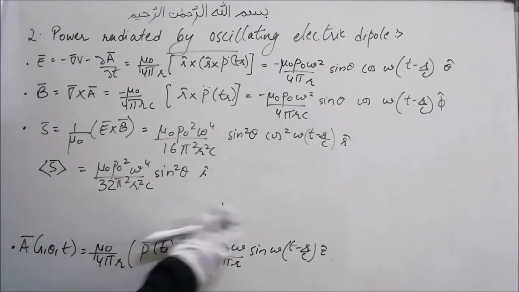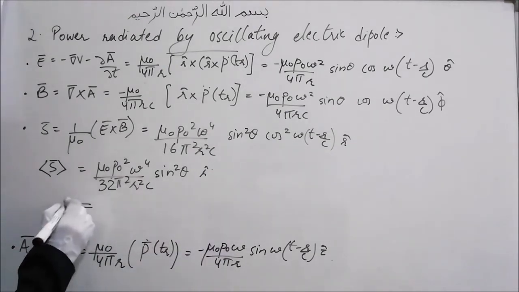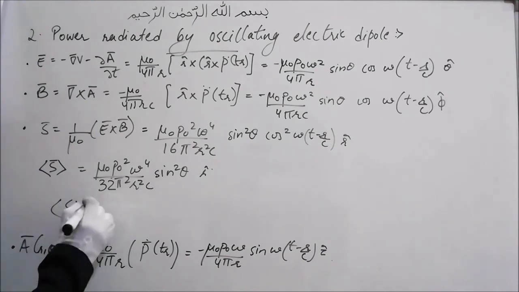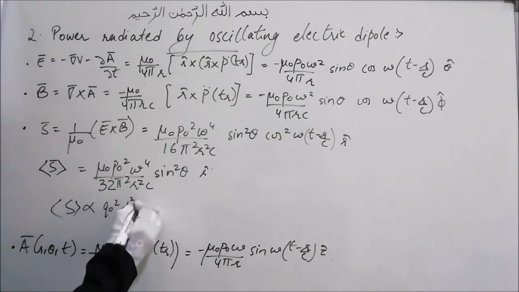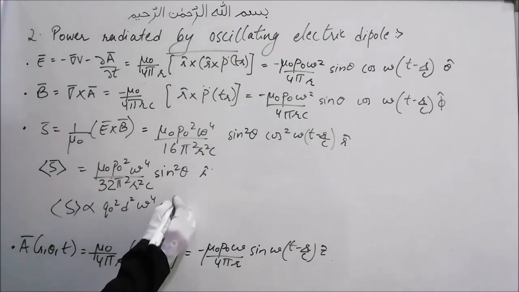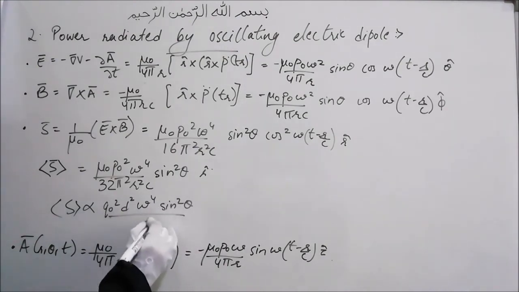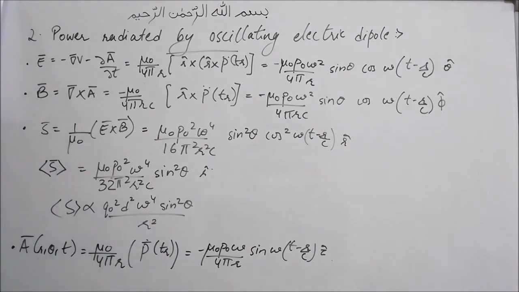So we can say that this Poynting vector is actually proportional to q naught squared d squared omega raised to 4 sine squared theta upon r squared. All other quantities are constants.